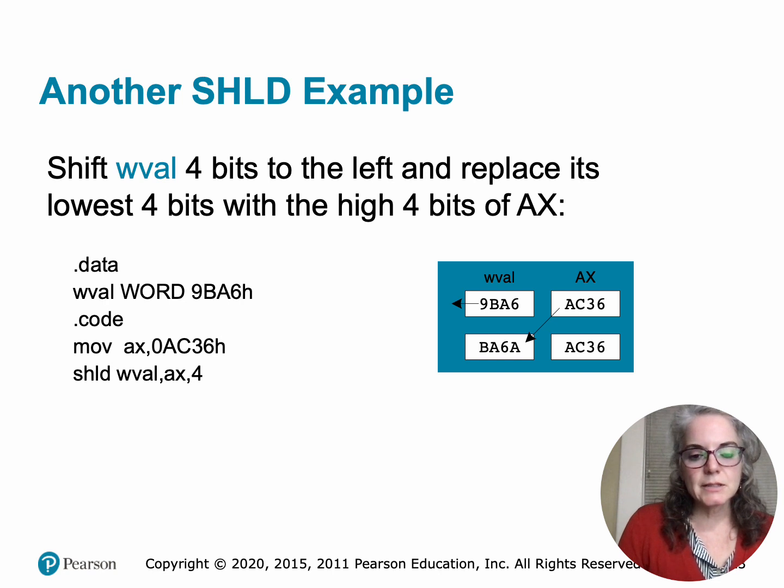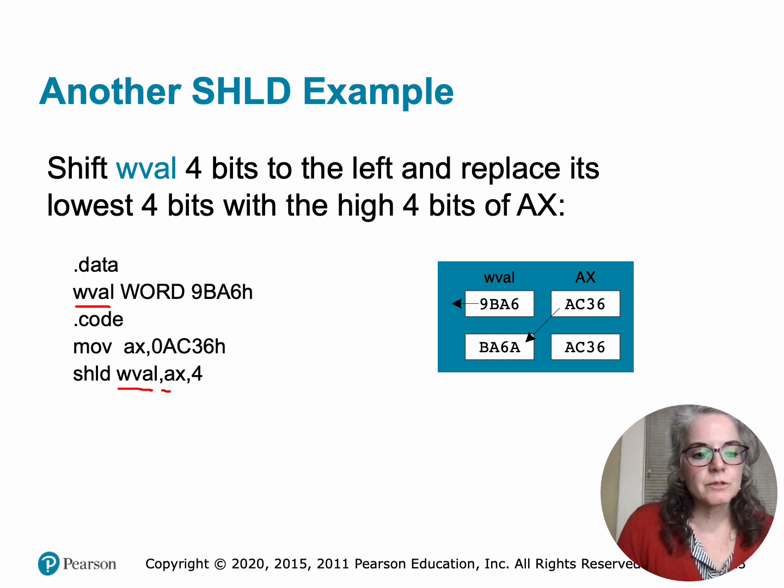Okay, let's look at this example. We're shifting a memory location, WVal, 4 bits to the left, and replace its lowest 4 bits with the high 4 bits of AX.